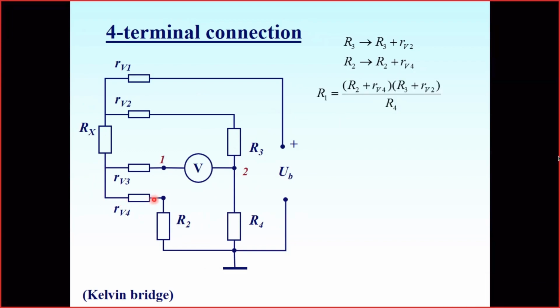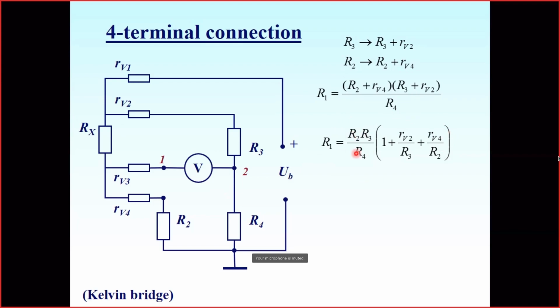So, as a result, when I use the balance equation, in a slightly transformed form, it's not R1 divided by R2 equal to R3 divided by R4, but I express R1 over the other parameters of the bridge. When I transform it, I get this relationship for the balanced bridge.